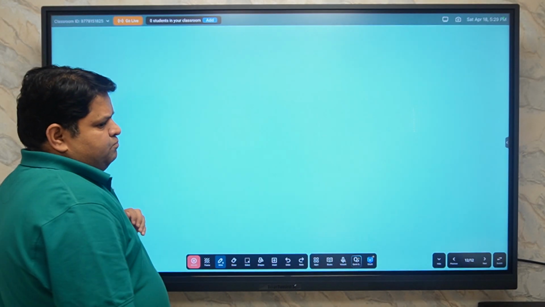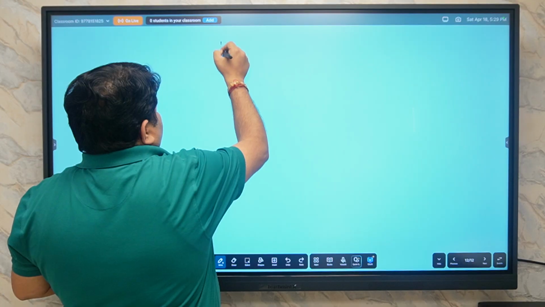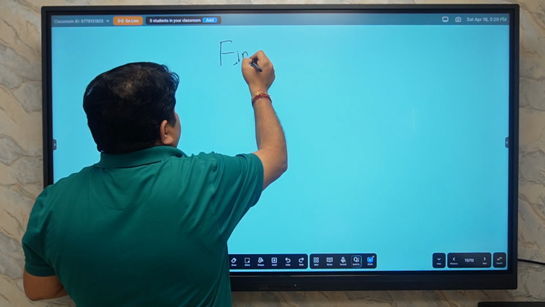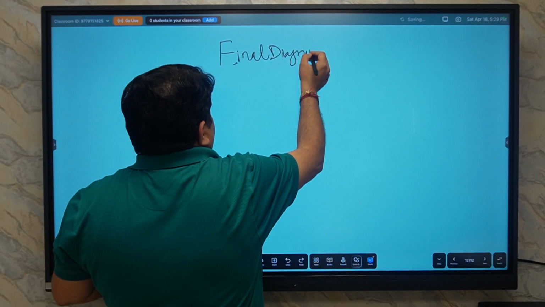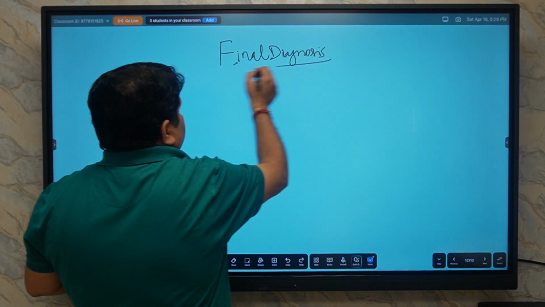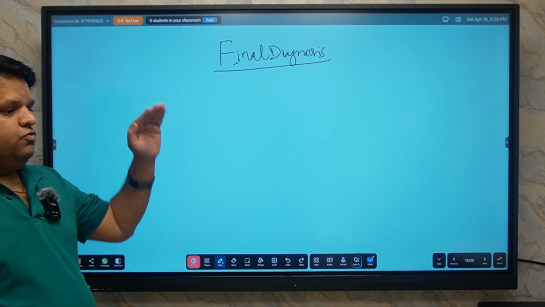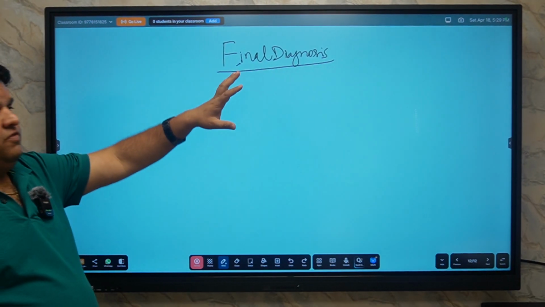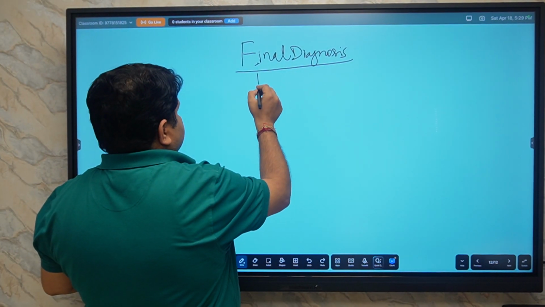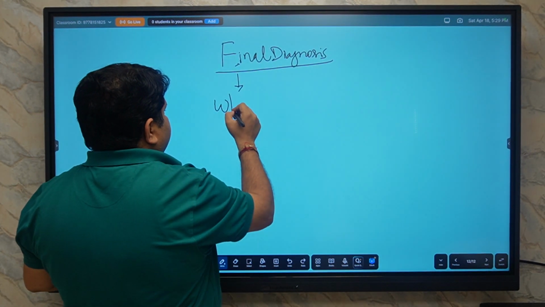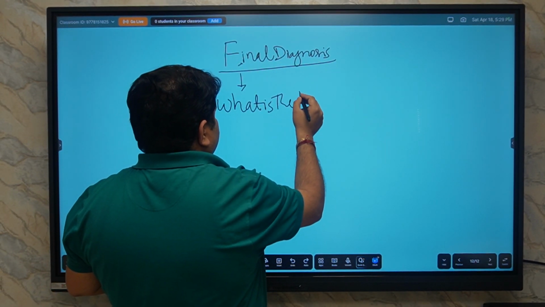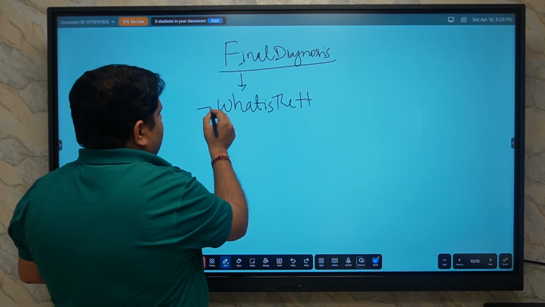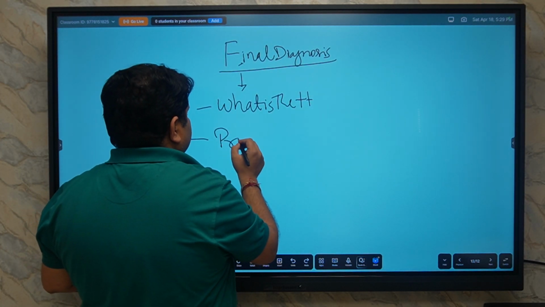After this, we will reach the final diagnosis. When we reach the final diagnosis after investigation, the next points are what is the treatment and what is the prognosis.